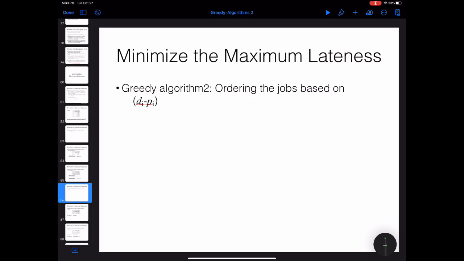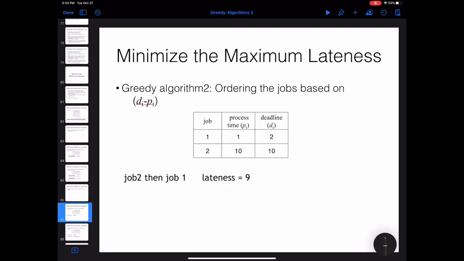Again, this is not going to give me the optimal answer, and I can find a counterexample for that. I have 2 jobs. The processing time of the first job is 1 and the deadline is 2. The processing time of the second job is 10 and the deadline is also 10.